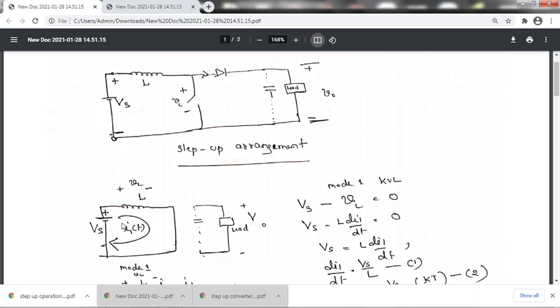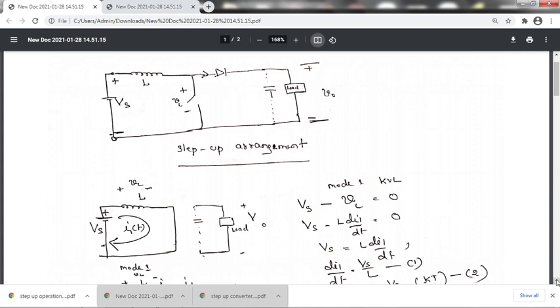The sign of the EMF is positive this side and negative this side when we are closing the switch, in mode 1, because this induced EMF should oppose this current.